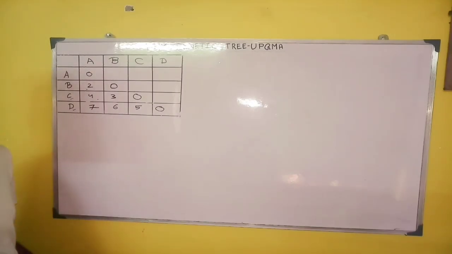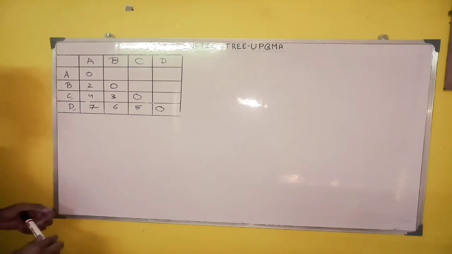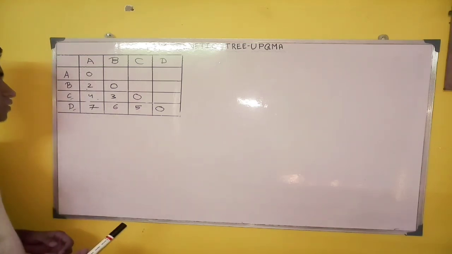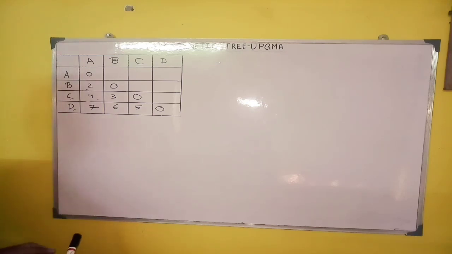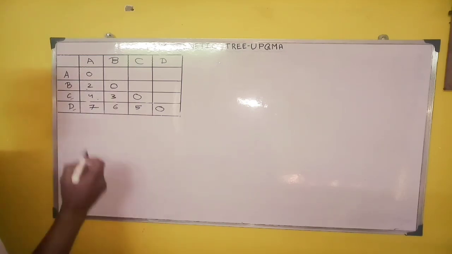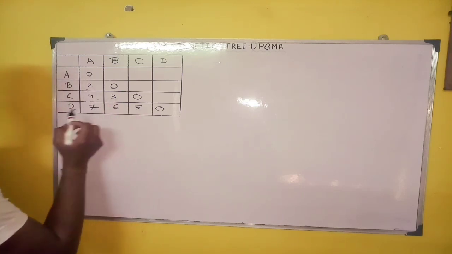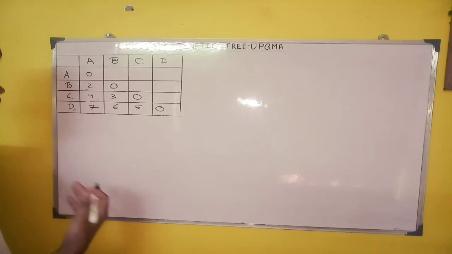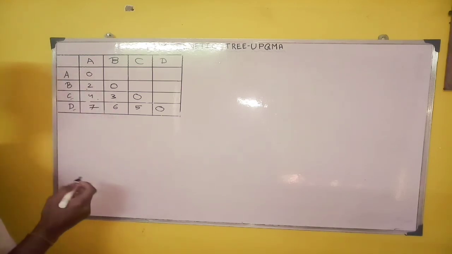In the first step we have to determine the lowest distance in the given table. Lowest distance means the lowest numerical number present in the table. There are many numbers like 2, 3, 4, 5, 6, 7, but we can see that 2 is the lowest number.